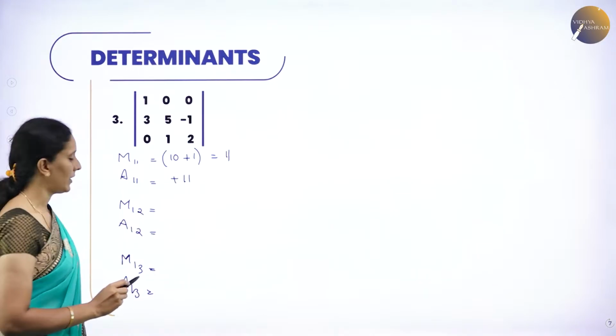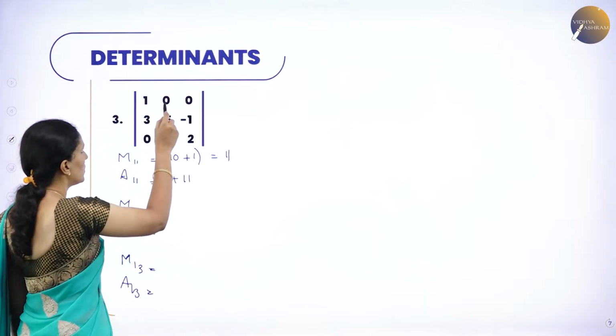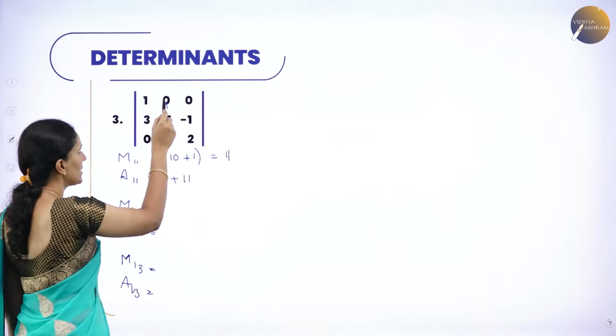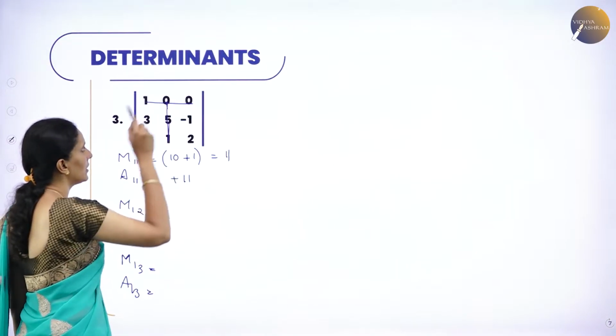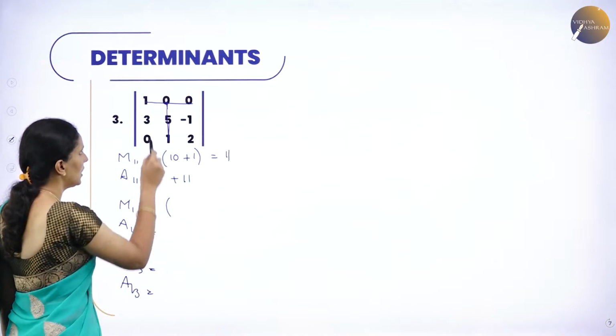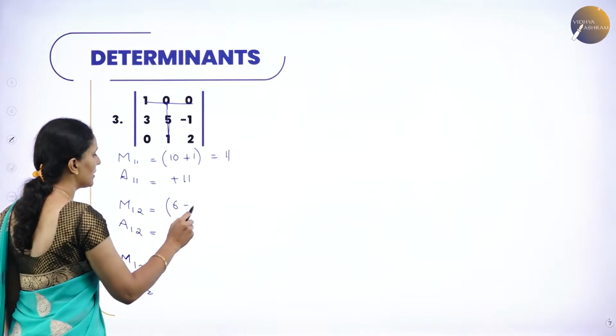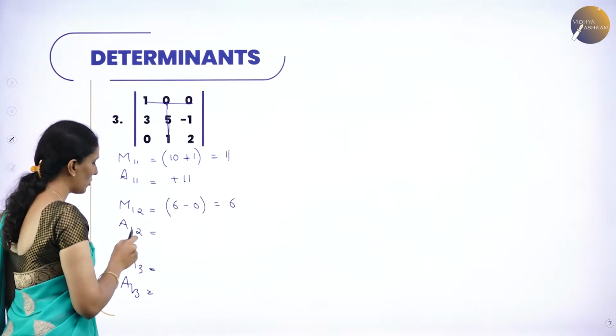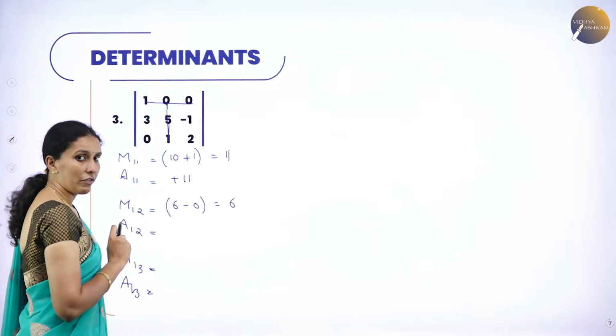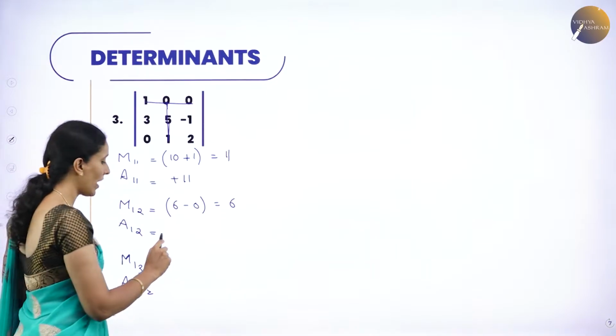So that is the cofactor. Next is the minor M12, which means first row, second column element. For 0, delete the column and the row. So we have 3 2s are 6 minus 0, which is 6. What about the cofactor? 1 plus 2 is 3. If i plus j is 3, we have a negative sign.